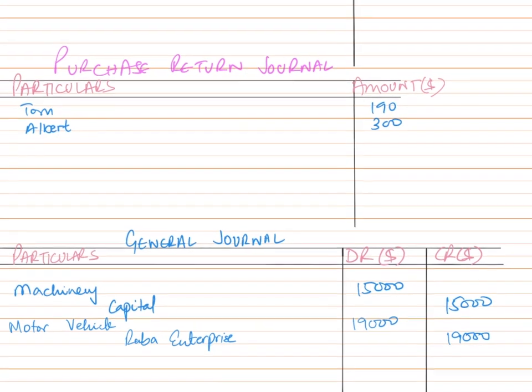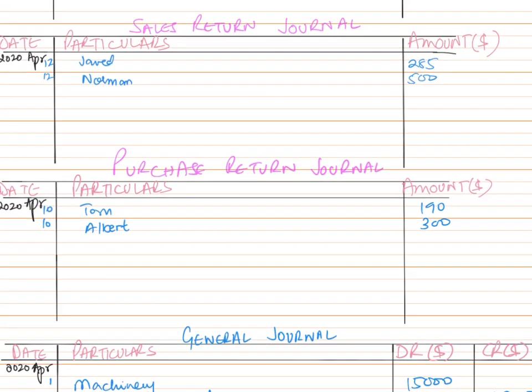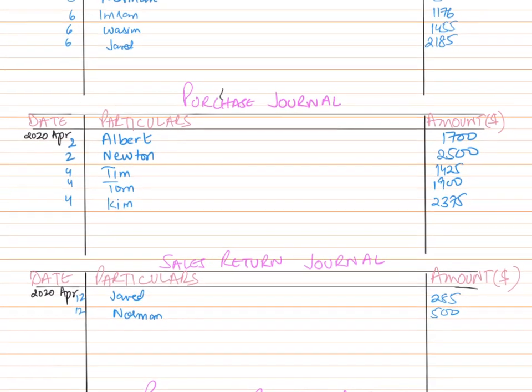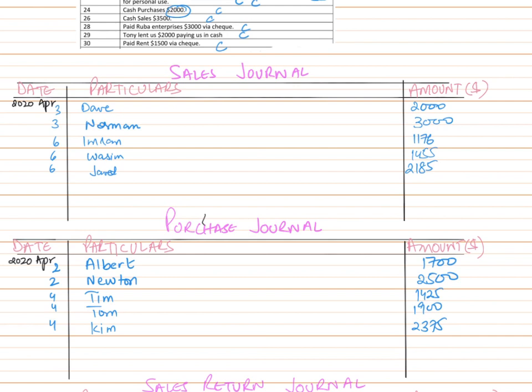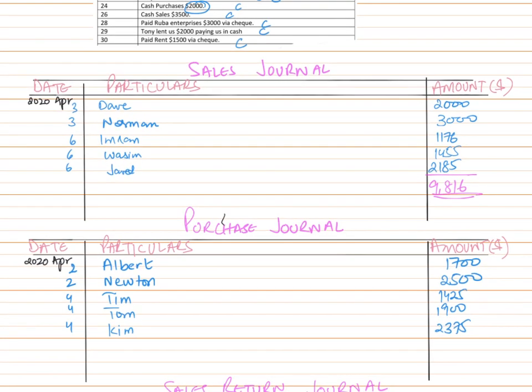After we have posted this into the books of original entry, we also have to work out the totals of all these journals. So we'll work out the total of the sales journal. If you work out the total, that would be 9,816, and the sales journal represents all those customers who bought goods from us on credit, like our credit customers.